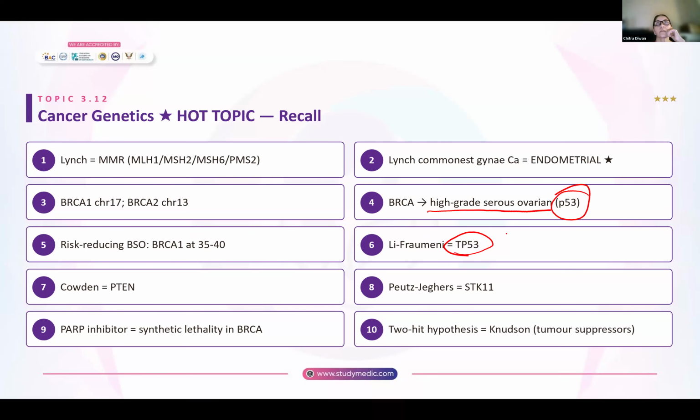PARP inhibitors are the preferred agents of chemotherapy for ovarian cancer in BRCA genes. And because of the two-hit hypothesis, that both the alleles have to be inactivated for cancer to develop, in familial cancer syndromes the cancers come on at an earlier age.